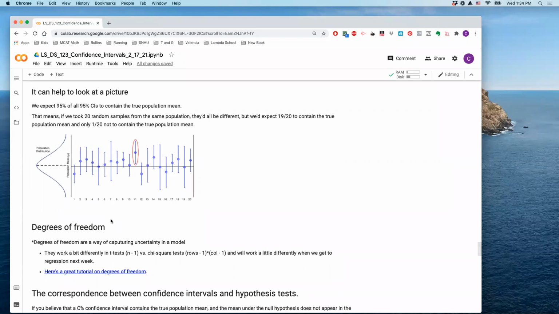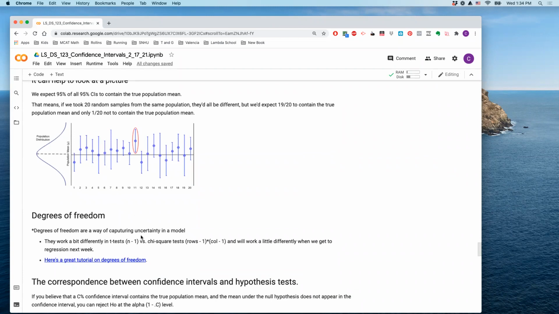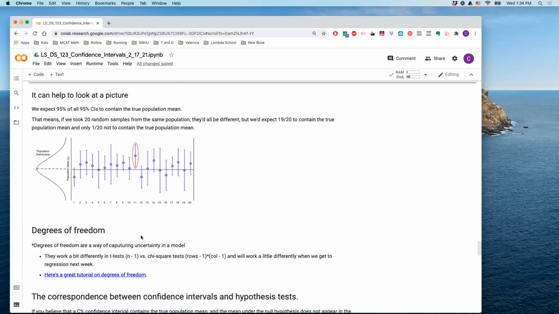What I sort of meant when I was talking about Kyle's comment is that the more times you make a confidence interval, in different scenarios, the more likely it is that you're going to get a confidence interval that does not contain the population mean.